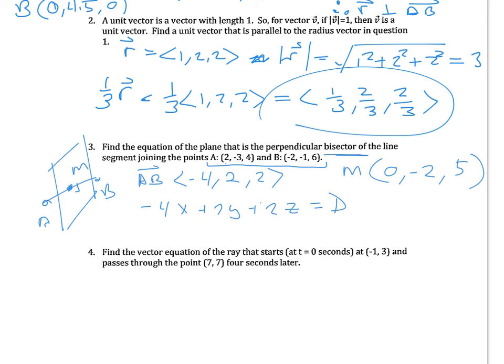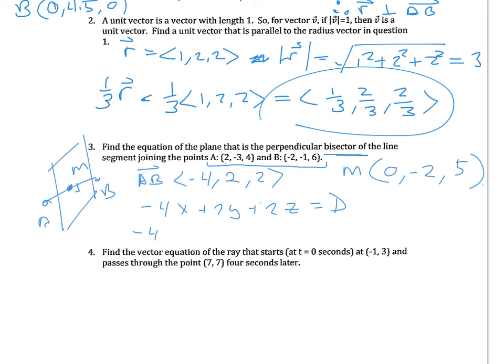What we're doing is finding the averages of the x components, the averages of the y coordinates, the averages of the z coordinates for A and B. And that gives us the midpoint. This is a point that we want to be on our plane. That means we can take these coordinates and plug them into our plane equation.